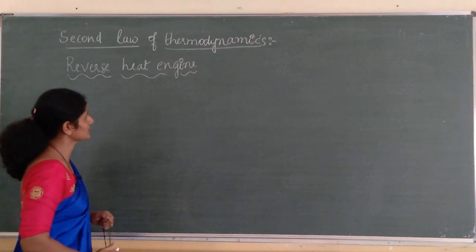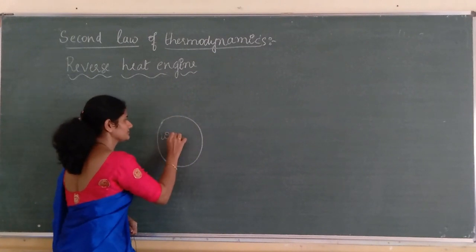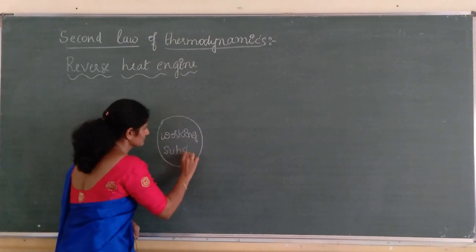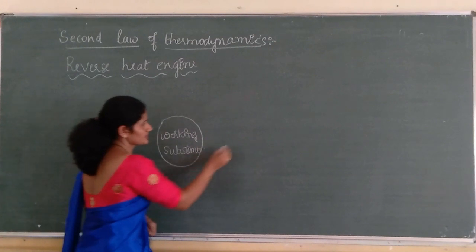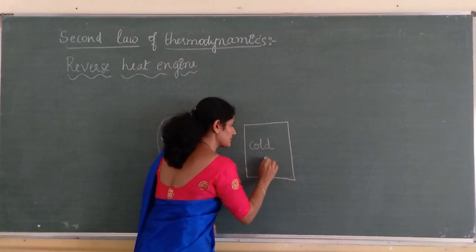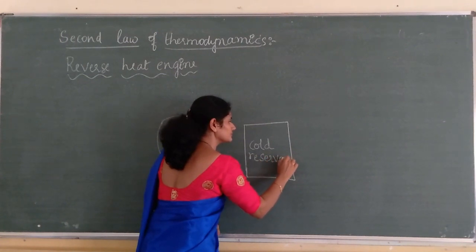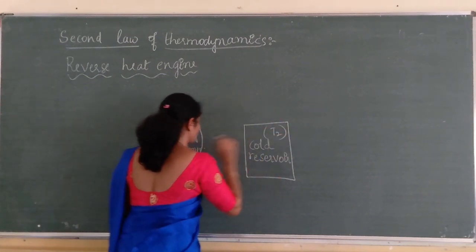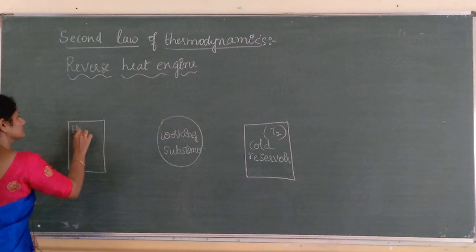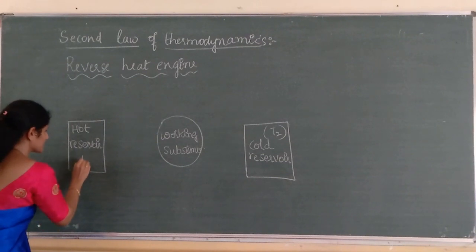Here in case of reverse heat engine, we have the working substance, and here we have the cold reservoir which is at temperature T2, and here we have the hot reservoir which is at temperature T1.